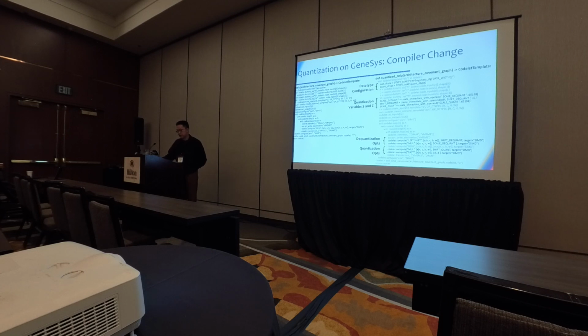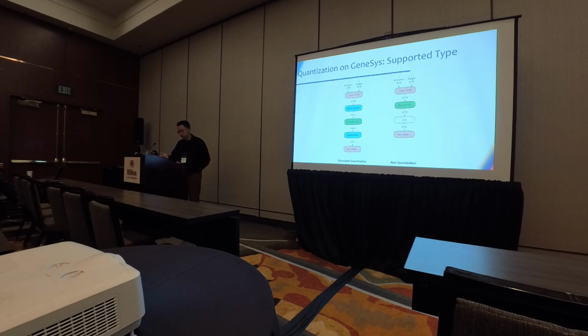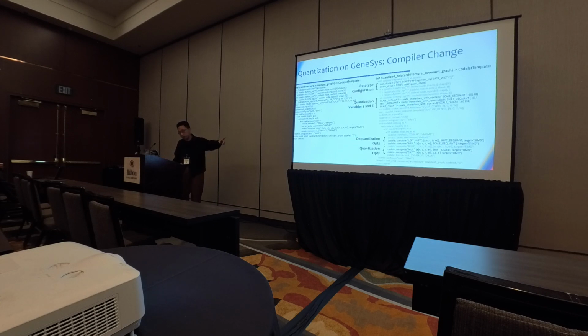So in order to achieve these models, we have to make changes to both the hardware as well as the compiler. This is the same ReLU code that Chris showed before, but on the right side it has the quantized ReLU version. There are only a few changes you have to make.